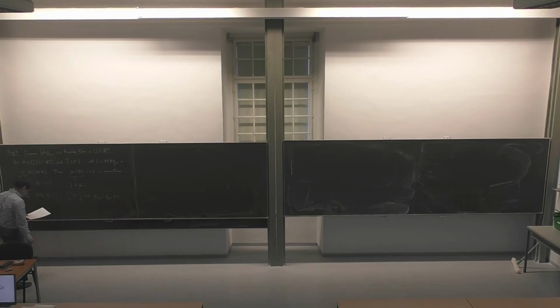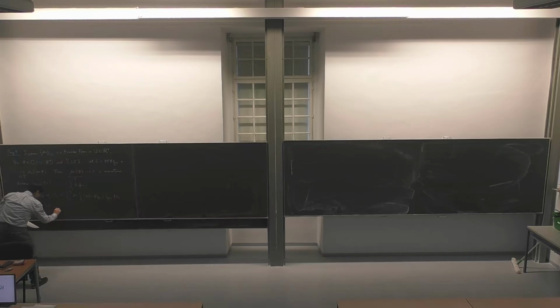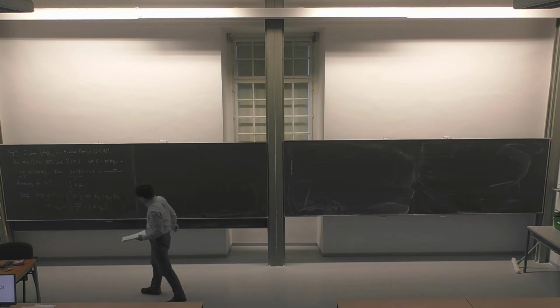Then you just use Cauchy-Schwarz. You have this minus phi dot h dot h, which is a negative term. So you compute nabla phi dot h mu t, and you can bound this from above by one half times the square of nabla phi over phi, plus one half phi h squared mu t.